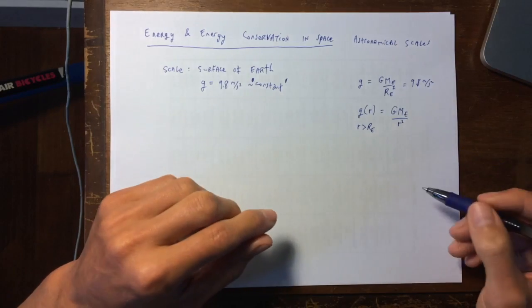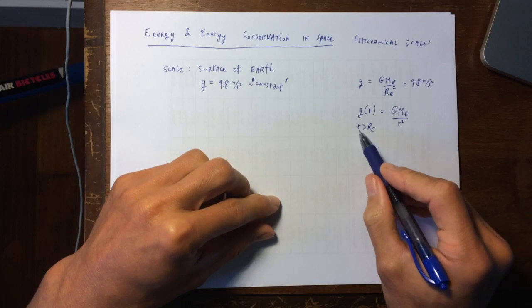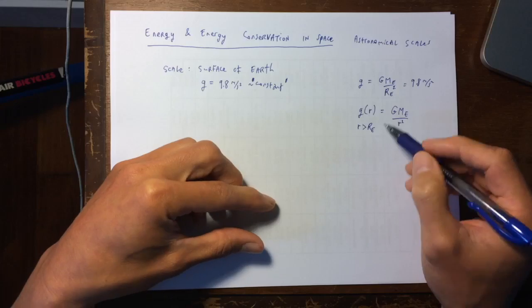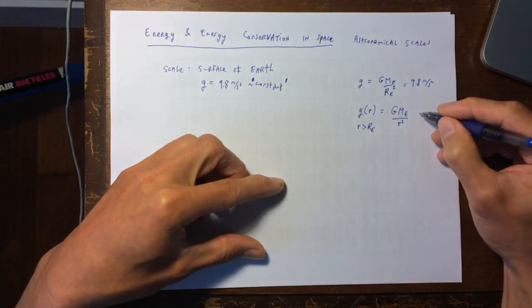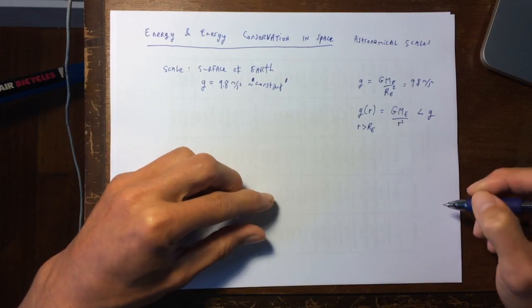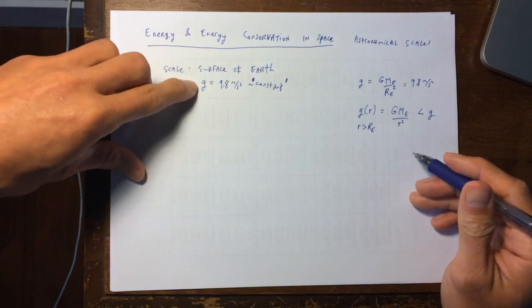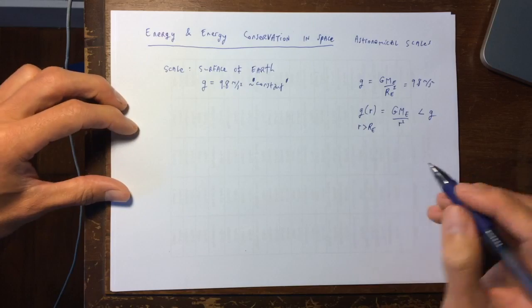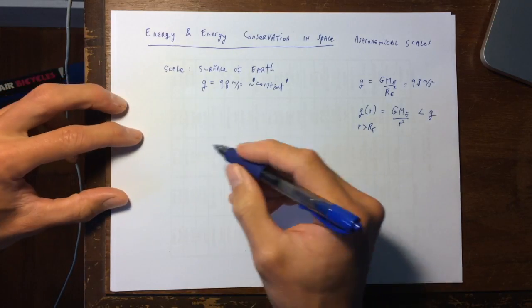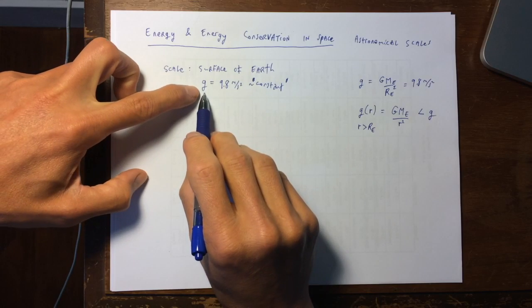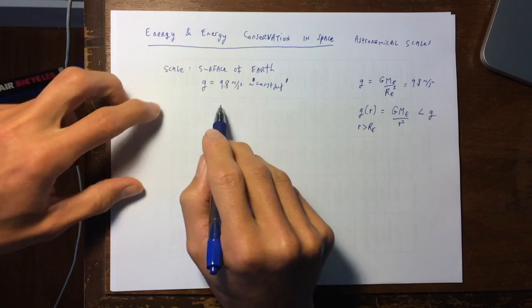And so if r is bigger than the Earth radius, then this acceleration due to gravity is, in general, smaller than g. That is, gravity seems to get weaker. The acceleration due to gravity is smaller, further away. But that's not what I wanted to describe. If I'm down near the surface of the Earth, the acceleration due to gravity is roughly this constant value.